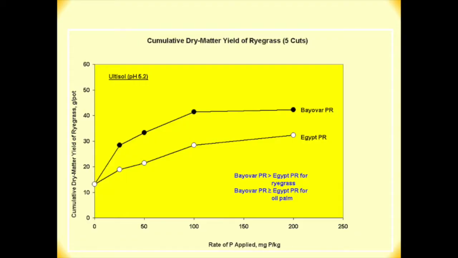So if you look at, this is for ryegrass, and then Bayovar, Egypt, right? This is for ryegrass. So the conclusion is that Bayovar is better than Egypt for ryegrass. Therefore, Bayovar rock must be greater or equal Egypt rock for oil palm. Would you agree? Yes. You would not expect Bayovar less than Egypt for oil palm, would you?